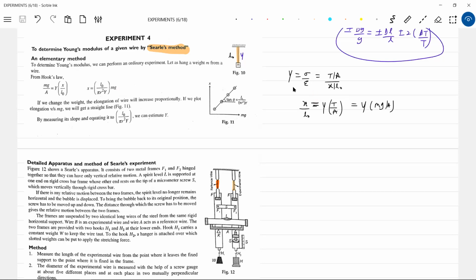I think this equation has 1 by Y, no? It is 1 by Y. This one, what is A? A is the area of cross section. So I think I'll rewrite all the things. It'll be easy.